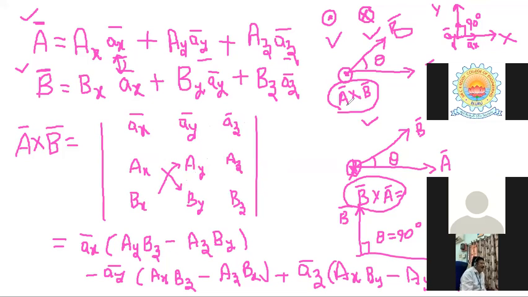Now we'll see one example, and with that we close today's class. Here I am taking a simple example, two vectors. A bar is 3ax bar plus ay bar, or simply ay bar, minus 2az bar.